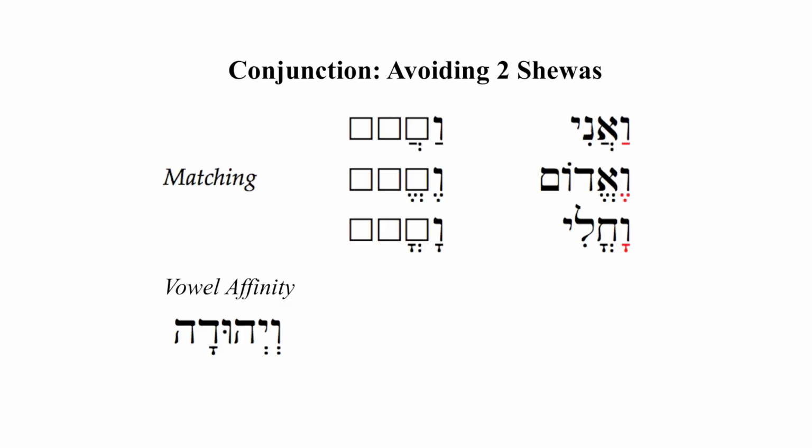Yehudah, if we put the conjunction on it with a regular schwa, we have a sincere problem. We have a vav with no vowels, we have a yod with no vowels, and we have a hey before we get to any vowel that will enable us to articulate this word. It's impossible to pronounce, so we have to do something.